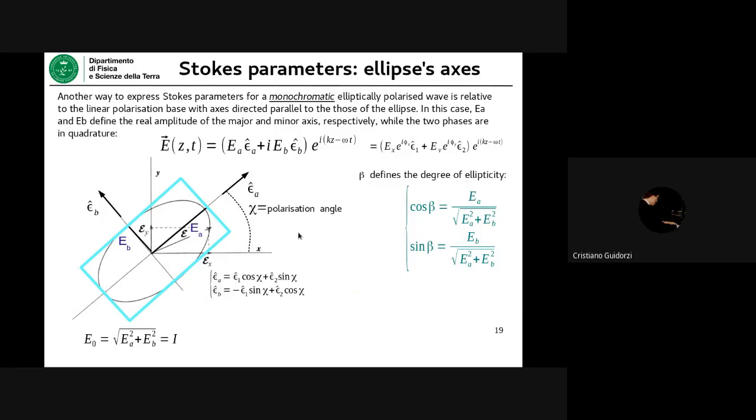Now, if you remember that the electric field can also be equivalently expressed in the linear base, so Ex with the relative phase plus Ey with the relative phase.